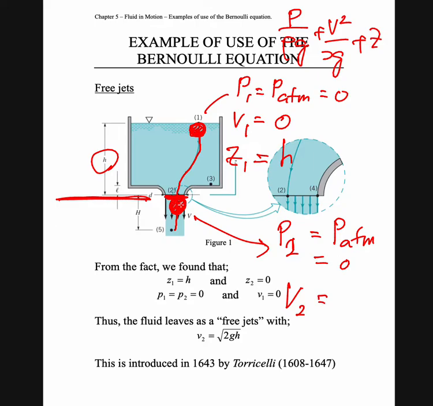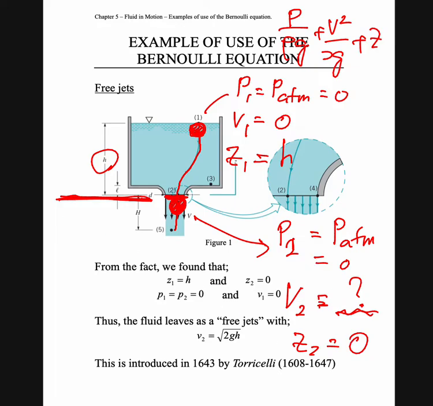For sure, the fluid moves at a certain velocity. Velocity 2 here is unknown, meaning it moves at a certain amount of velocity. Then Z2 here, because this point is at the starting point, it is on the datum, so the Z2 here is equal to 0. This is all the parameters that we need to substitute into the Bernoulli equation.